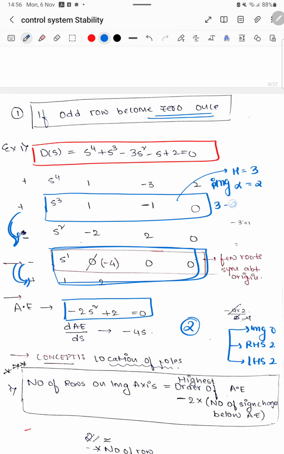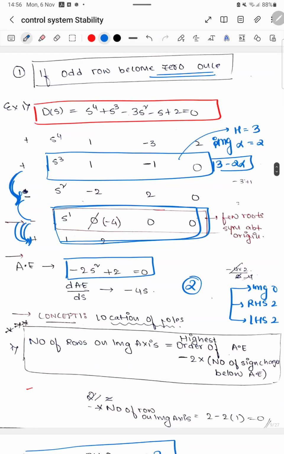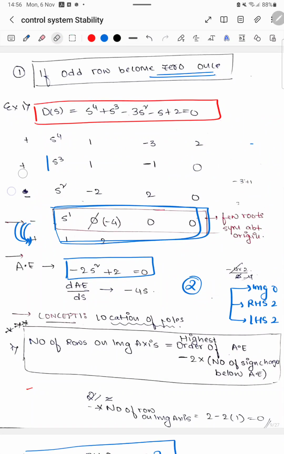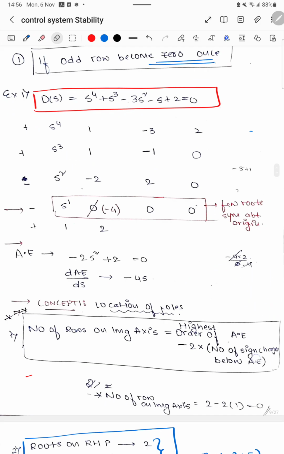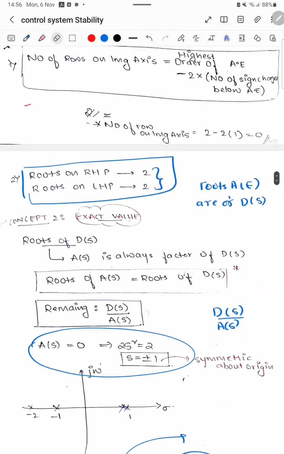So the formula is h minus 2 alpha. You would always be considering only the highest power if there are more than 1 odd rows getting 0. Fine, so this was the concept.